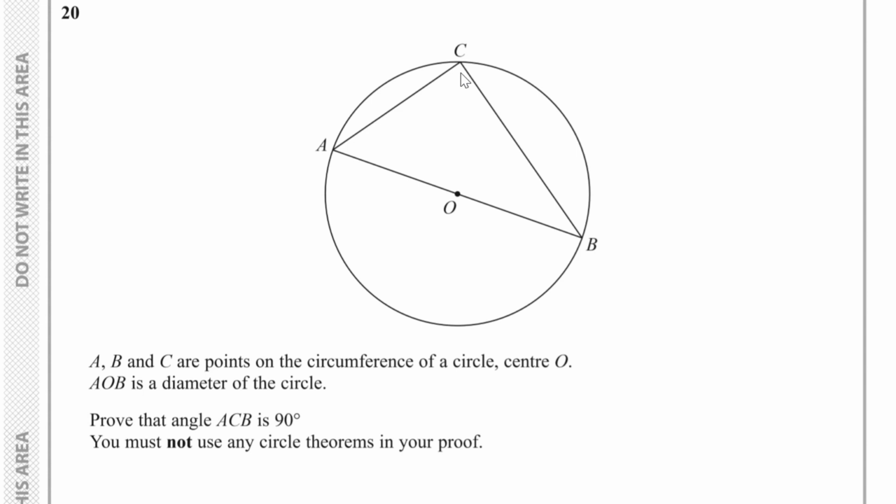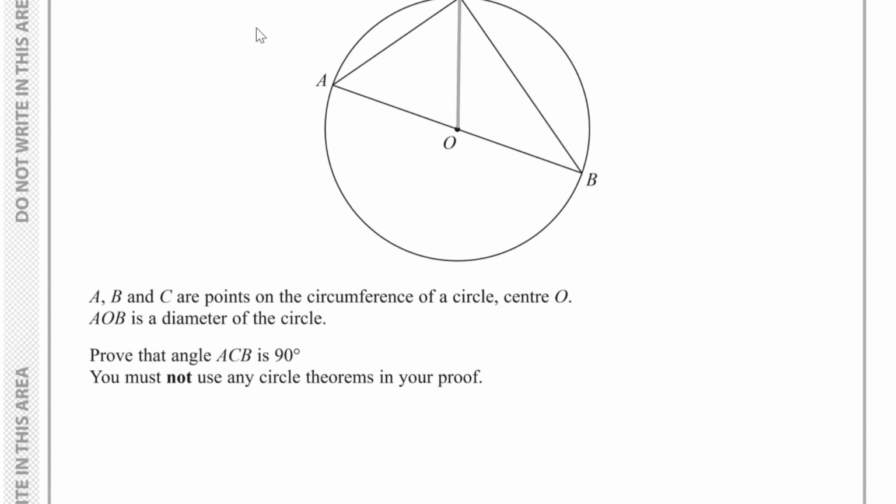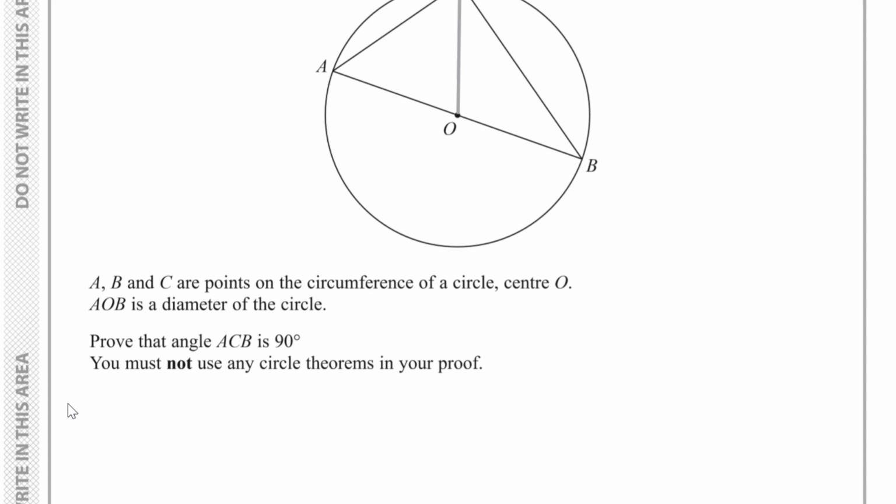Well, first of all, if we have a line over here, then what you can see is the line OA equals the line OB equals the line OC. So this is equal to this, which is equal to this.